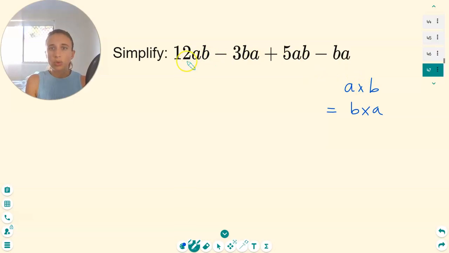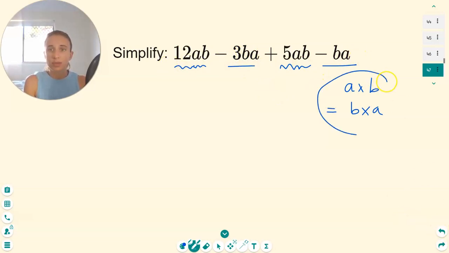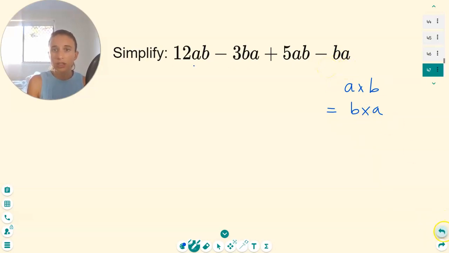So in fact, at first glance, you might think, okay, this is a like term, this and this is a like term. They are actually all like terms, so we can condense them into one term. The order in which you multiply things doesn't matter. All right, doesn't affect the final result. So let's actually just undo all that.